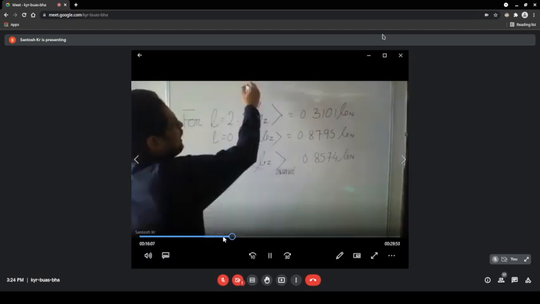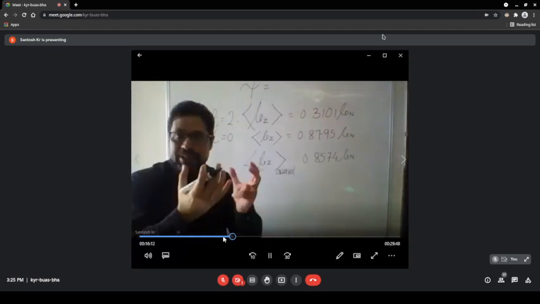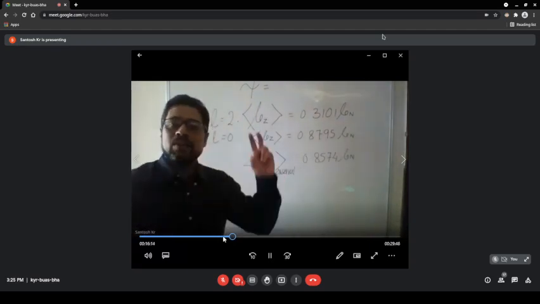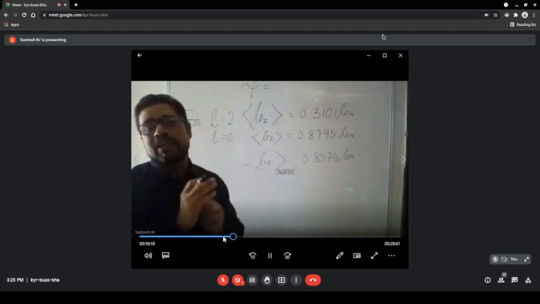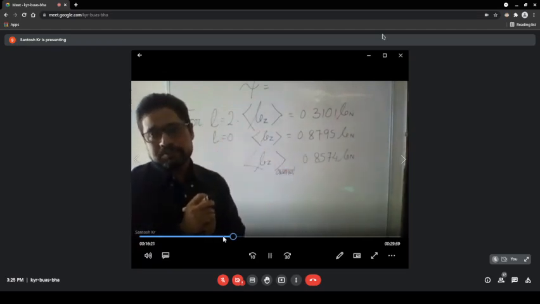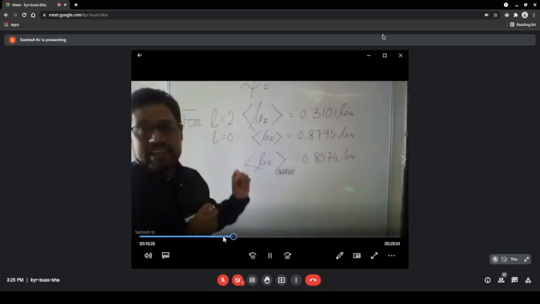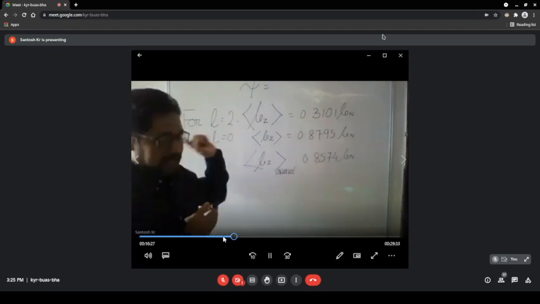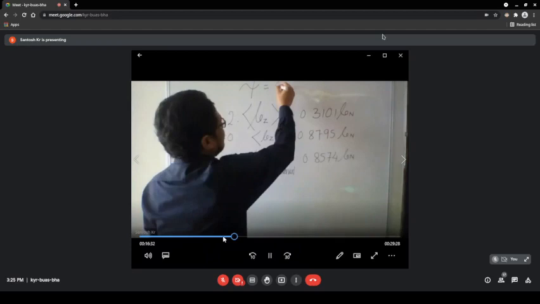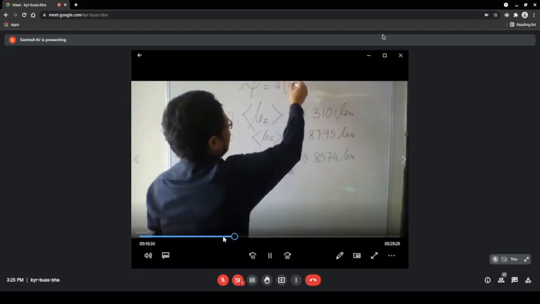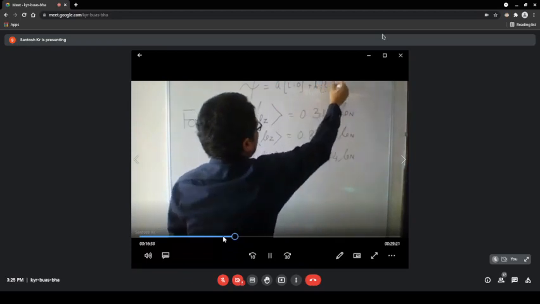For that we'll write this wave function, that is the combination of a and b, where a is related to n equal to 0 and b is related to n equal to 2. From there, we'll calculate how much percentage of n equal to 0 and how much percentage of n equal to 2. So I can write this is a n equal to 0 plus b n equal to 2.